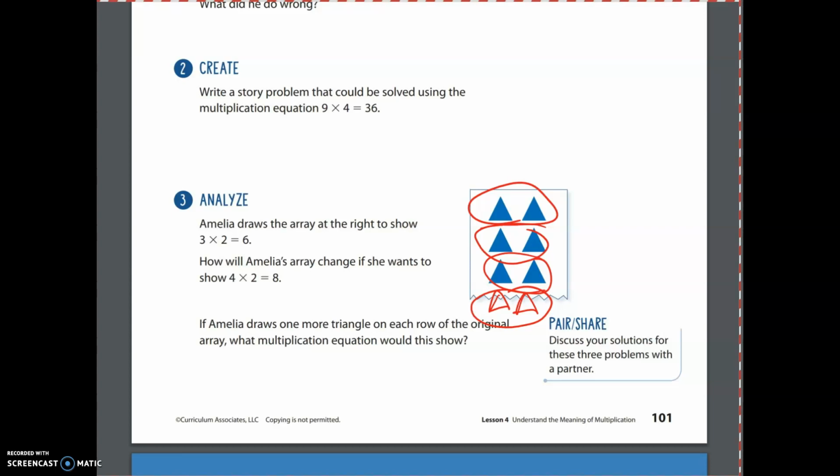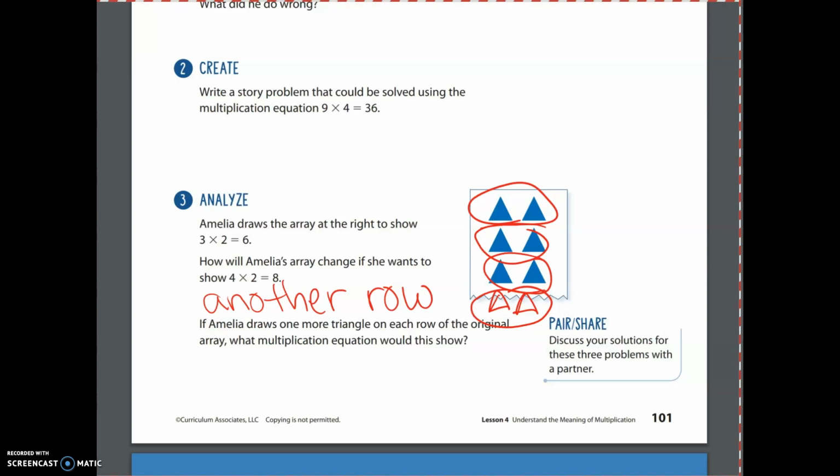So when it says, how will it change? Then we have another row. If Amelia draws one more triangle on each row of the original array, what multiplication would this show?